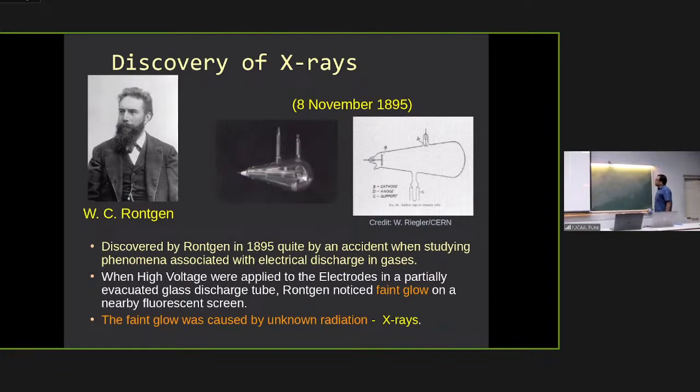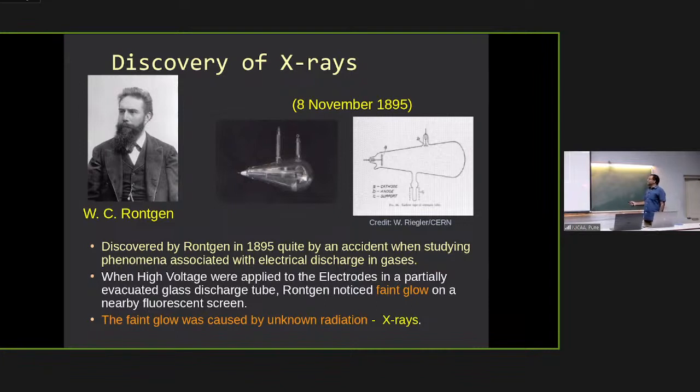So as you know, the X-rays were discovered by Roentgen, W.C. Roentgen in 1895. And he discovered it quite by accident when he was experimenting with electric discharge in gases. So what he did, he used electrodes, essentially gas discharge tubes filled with some gas, and he applied high voltage onto the cathode.